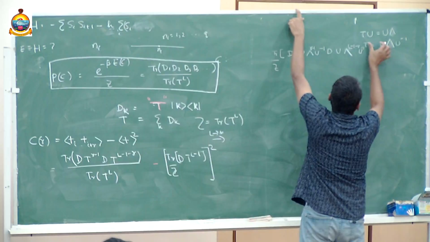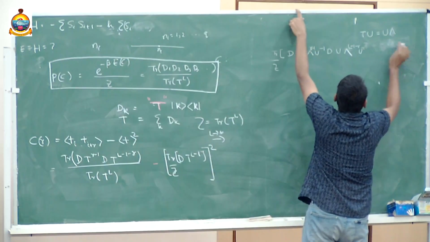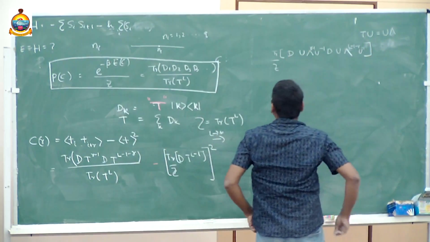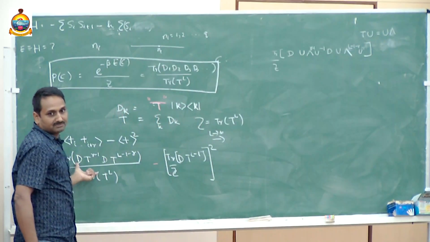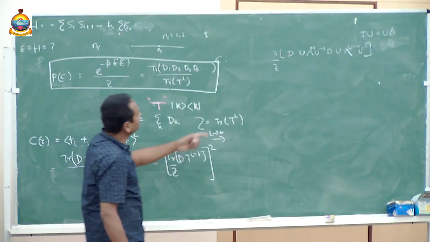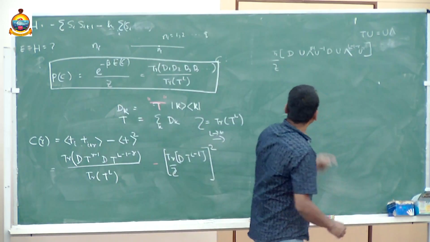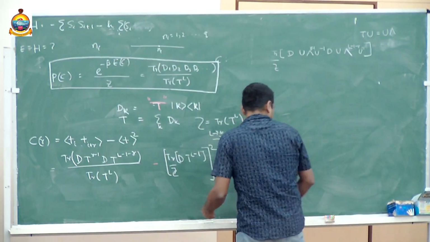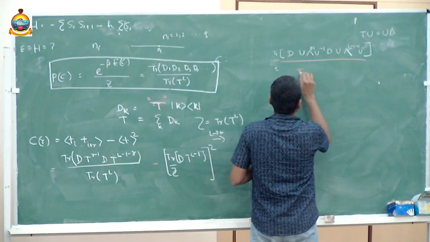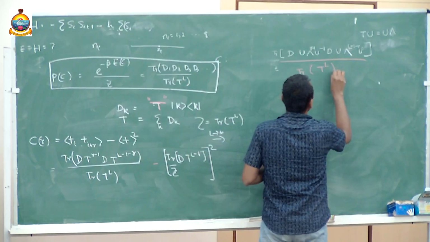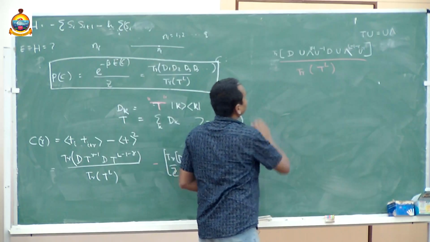So I take this away. I just take the first term, this term. The other one I am not taking; we'll do it later. So this is how it will look, and divided by Z is also there. So Z also let me write it: divide by trace of T to the power L. This is the first term.